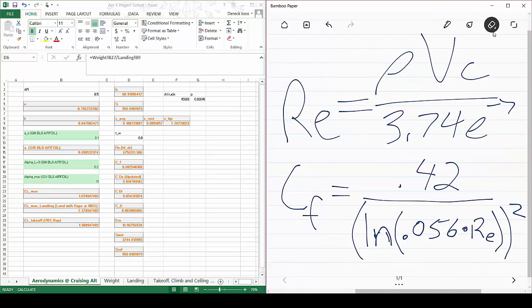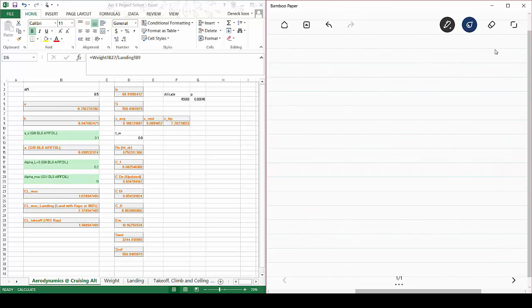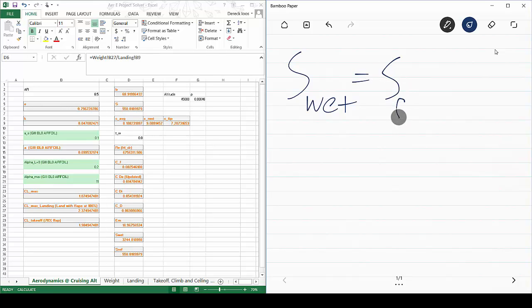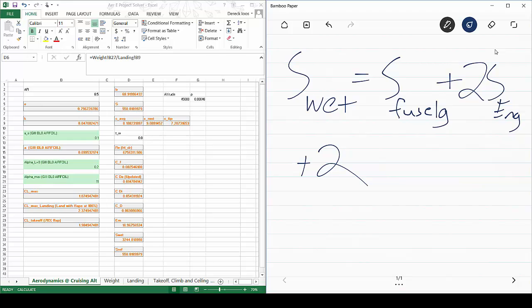So then that again I can show you: S wet equals S fuselage plus 2S engine plus 2S ref.